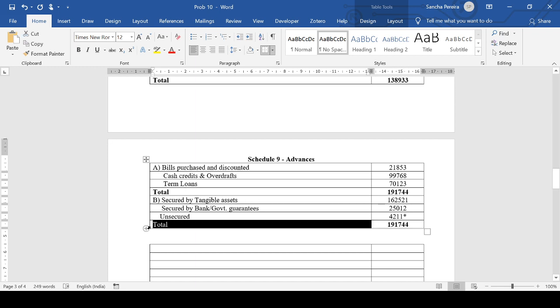And we still have another bifurcation to show how much is given for various sectors.